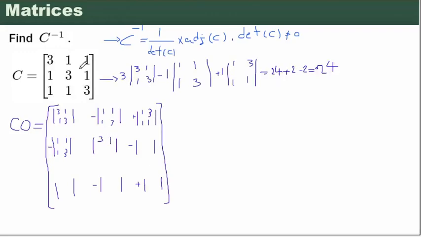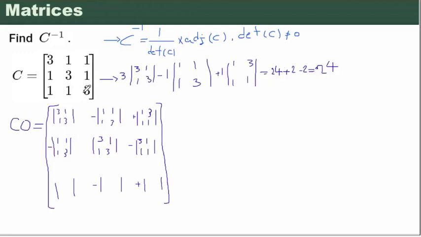The third one is the determinant of the matrix obtained by removing second row, third column, so 3 1 1 1.